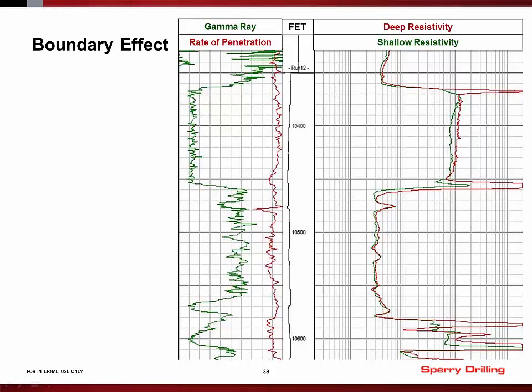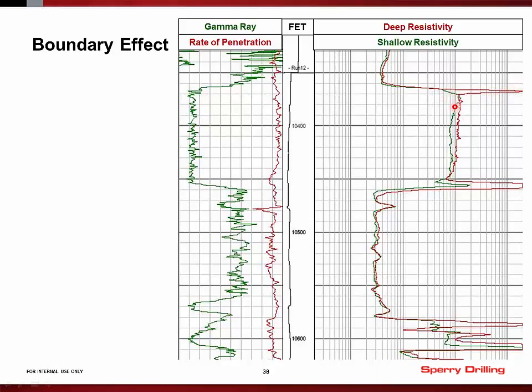And in that case, you get these characteristic horns. These are called polarization horns, and they happen at the boundary. They're caused by that build-up of charge which I was just talking about, which happens as the currents in the tool are trying to cross that boundary. What you typically see is that the deeper reading measurements have a larger effect. Here you can see that the deep resistivity has a very pronounced horn.